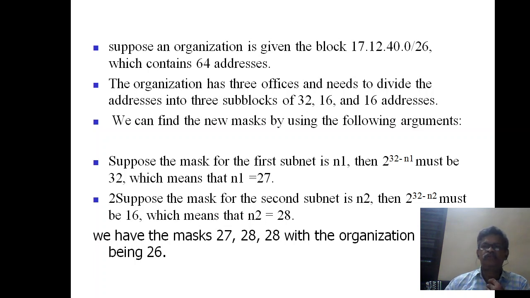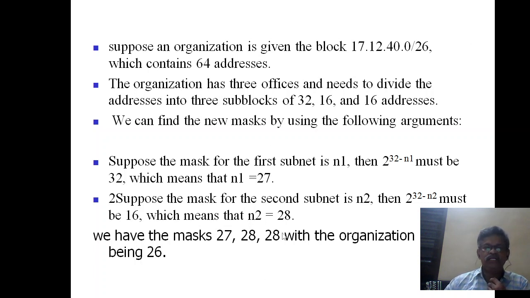So 26 means 26 bits for the mask, or 26 bits for the net ID, and the remaining 6 bits for the hosts. So 6 bits for the host.